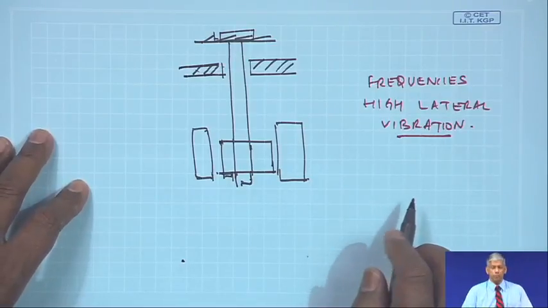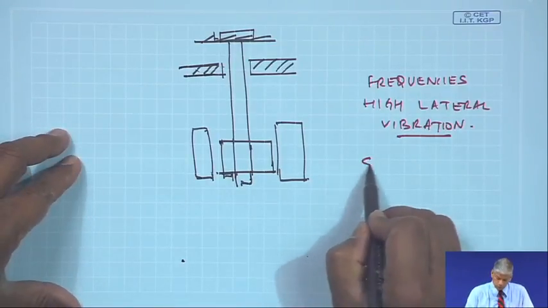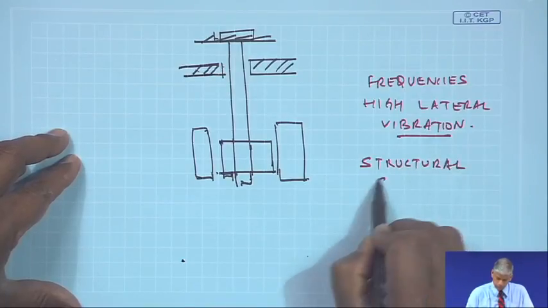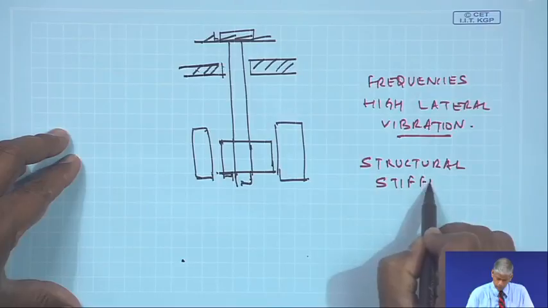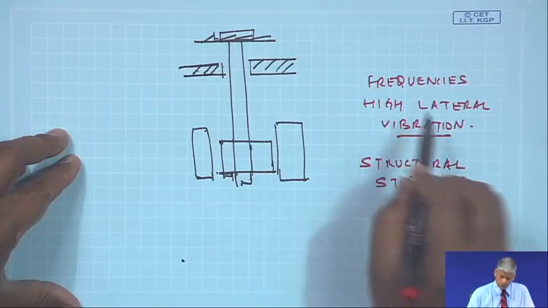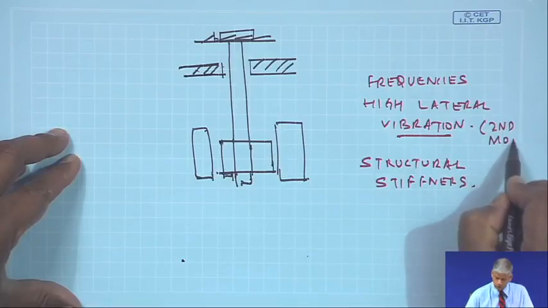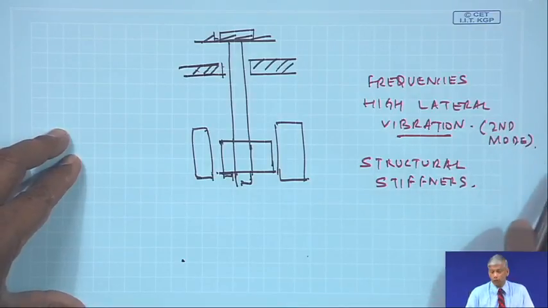So, how can we reduce them? We can put structural stiffeners. Imagine this high lateral vibration is in its second mode. Second mode means second resonant frequency.